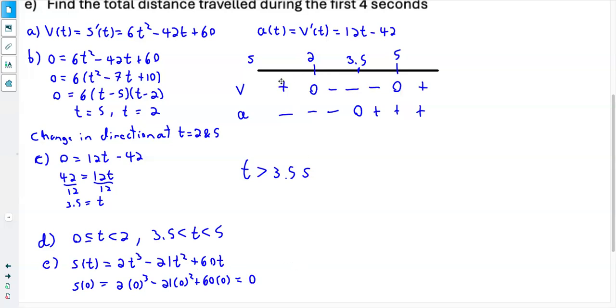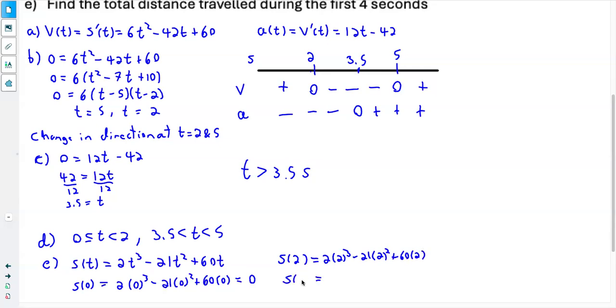Then we'll look at how far it travels while it's going in a positive direction. So we're going to look at S of 2. So that would be 2 times 2 cubed minus 21 times 2 squared plus 60 times 2.